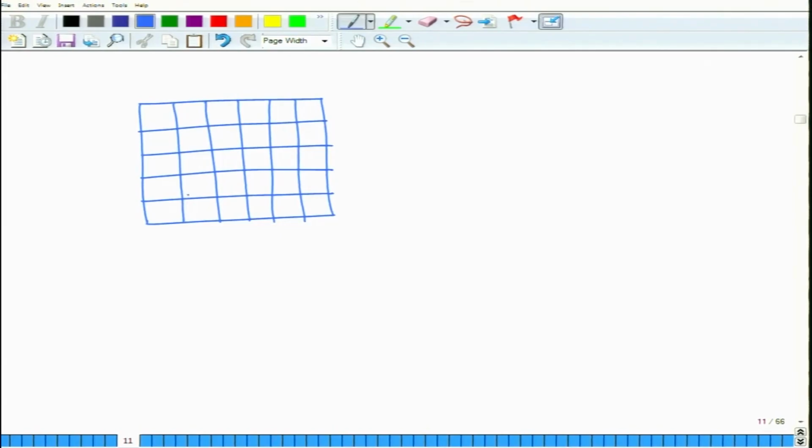Let us say you start from this point, point A. Go one step up, another step, then one step here, one step here, one step here, one step here. This is A, B, C. Then 3 steps down, D, and then 4 steps left, you go to A again. This is a perfect lattice.